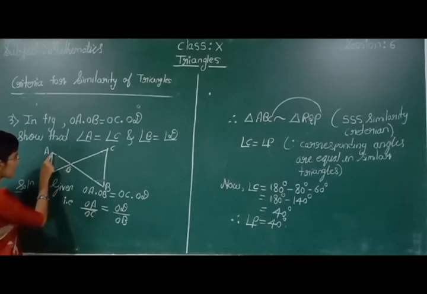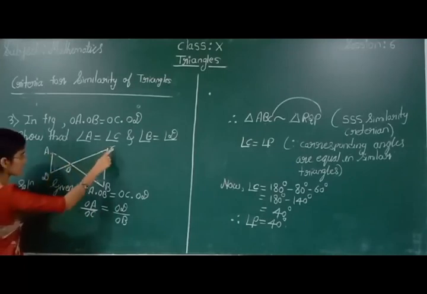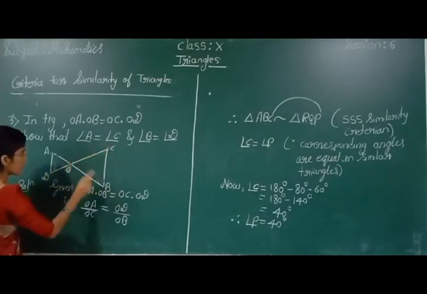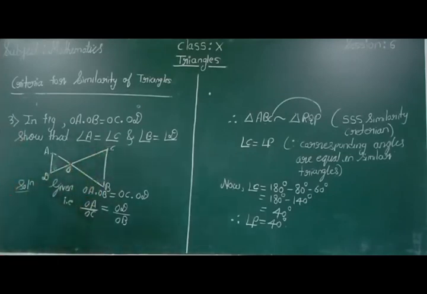In triangle AOD and triangle COB, okay, here angle AOD is equal to angle COB. Which angle these are, students? These are nothing but vertically opposite angles.